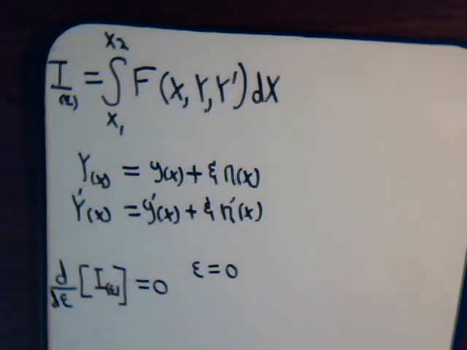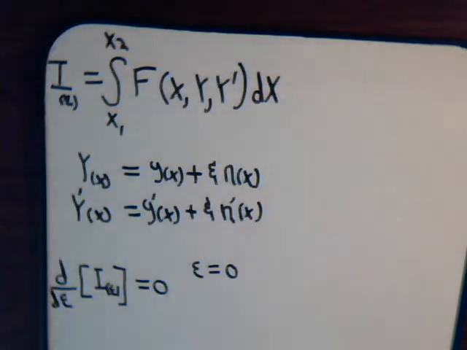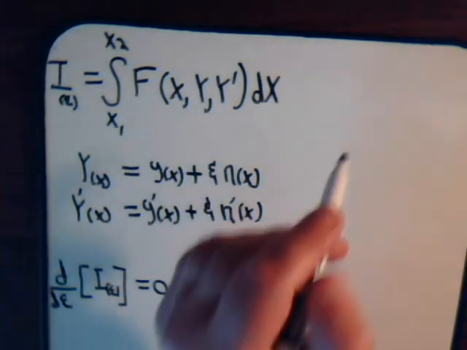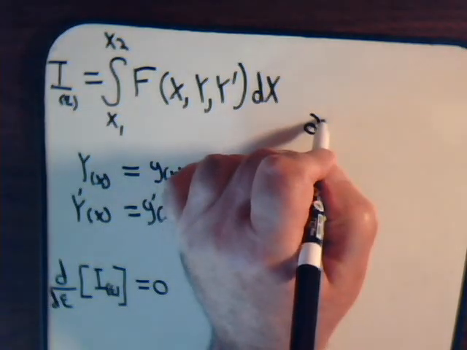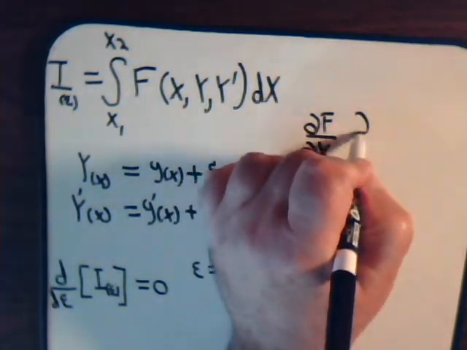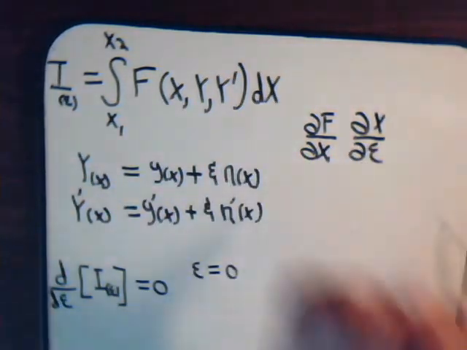Now, to take the derivative of the integral with respect to epsilon, that means taking the derivative of this with respect to epsilon. Now here we could say, well, we have the partial of f with respect to x, then the partial of x with respect to epsilon.